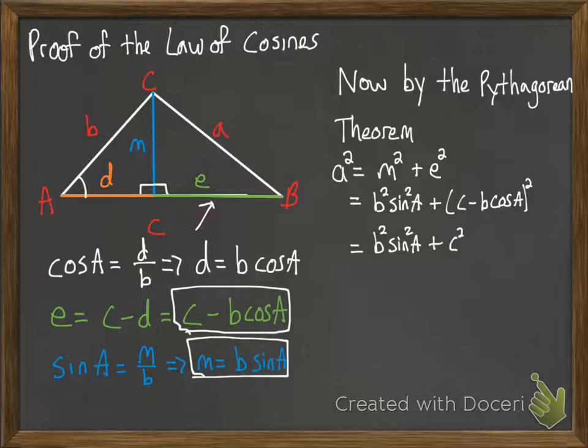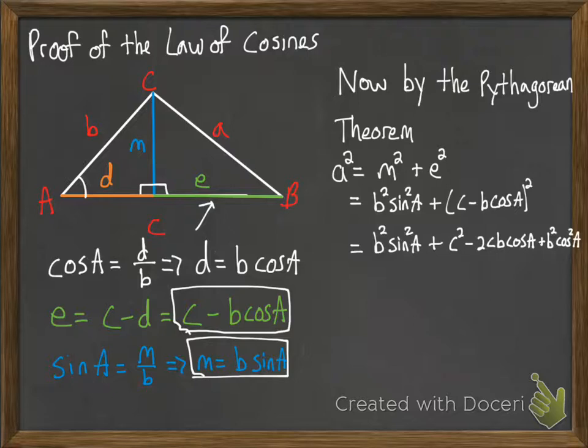Then I'll have C times B cosine of A, and then I'll have another C times B cosine of A. So I actually have two of those, minus 2CB cosine of A. And then I'll have B cosine of A times B cosine of A. They're both negative, so they become positive, and we'll get plus B squared cosine squared A.